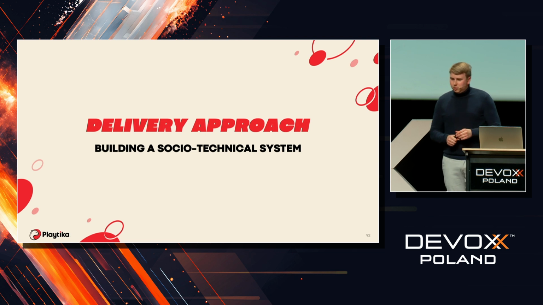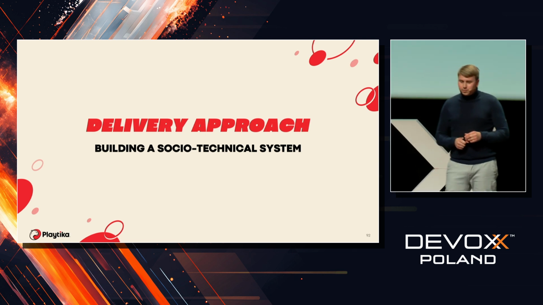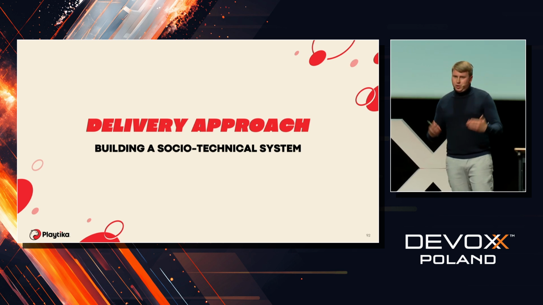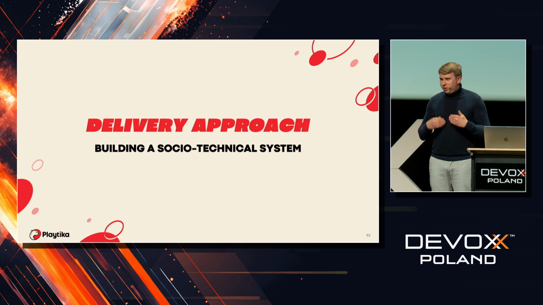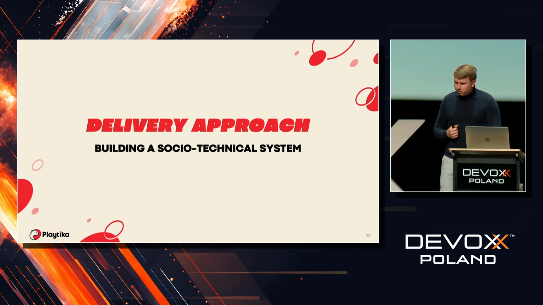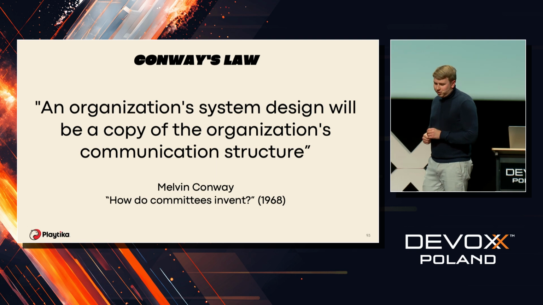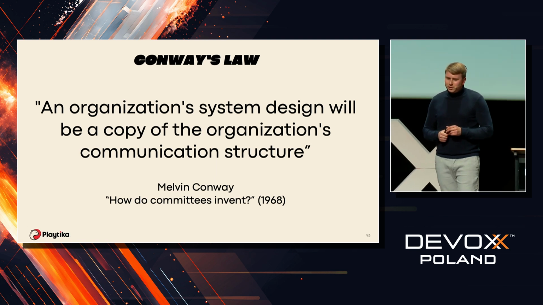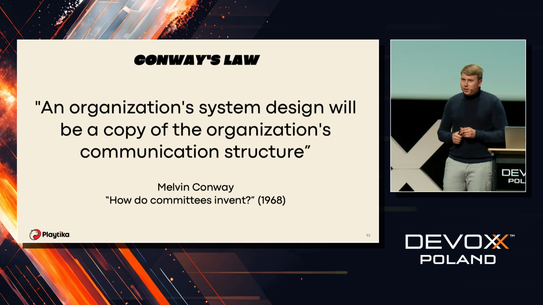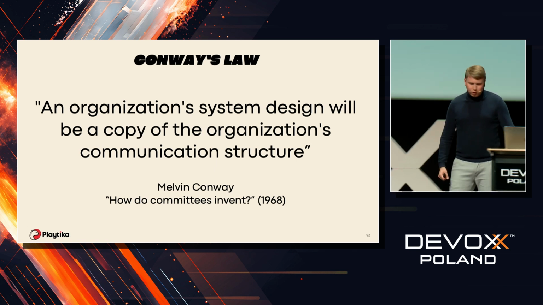And it's also important to mention the sociotechnical system, because without changing the organization, the team structure, the architecture 2.0 wouldn't be possible. In 1968, there was an article, and I'm pretty sure many of you are familiar with this statement: the organization's system design is a copy of its communication structure.